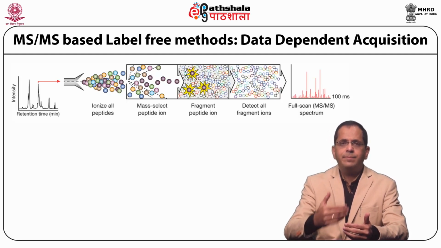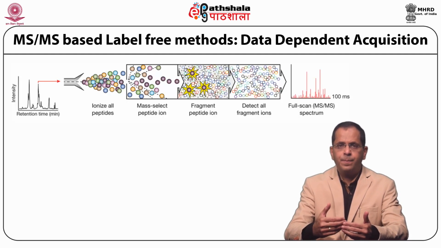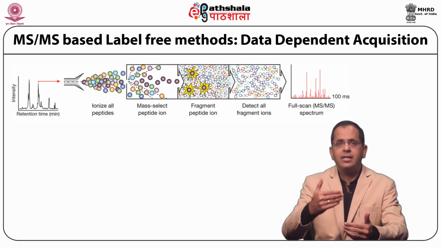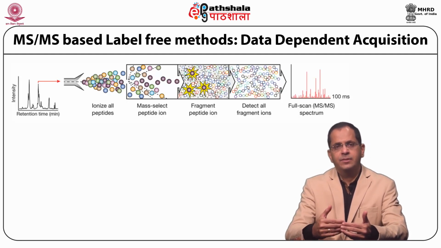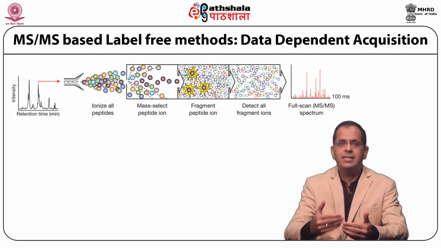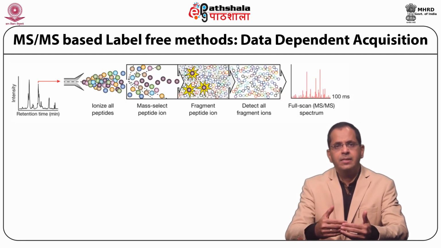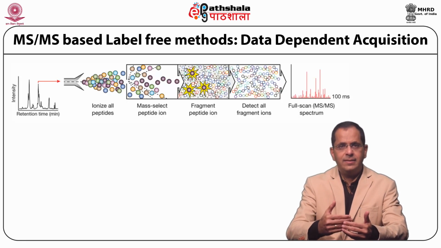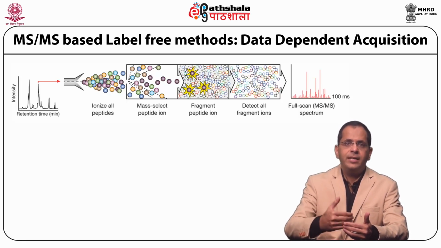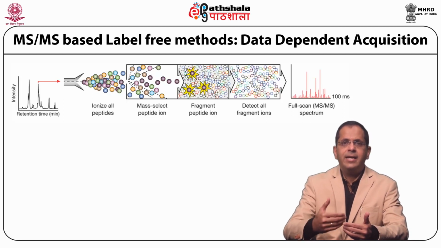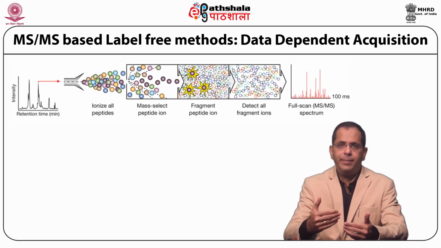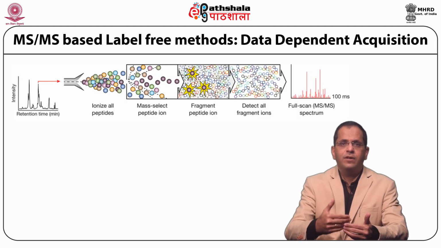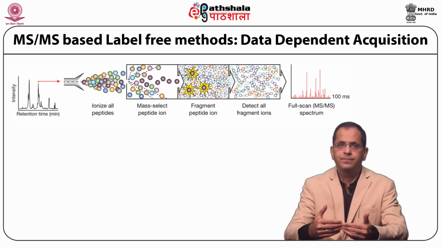The MS/MS based label free methods, data dependent acquisition, are also called the DDA. In this method, acquisition of MS survey scan for an allotted period of time by precursor ion selection based on its intensity for subsequent fragmentation.